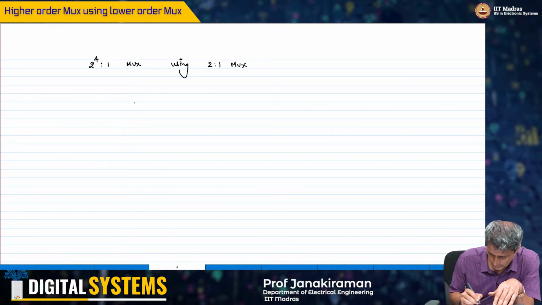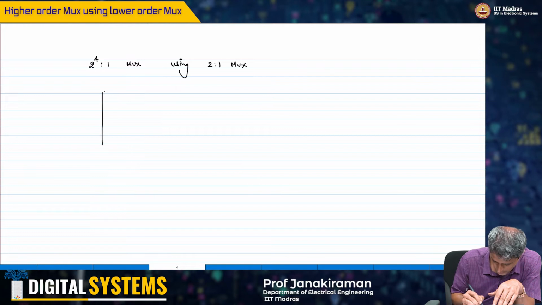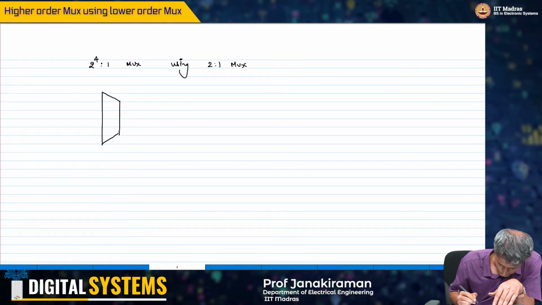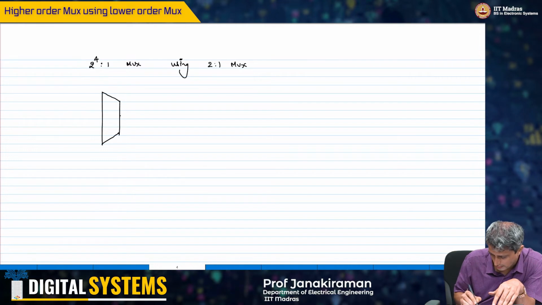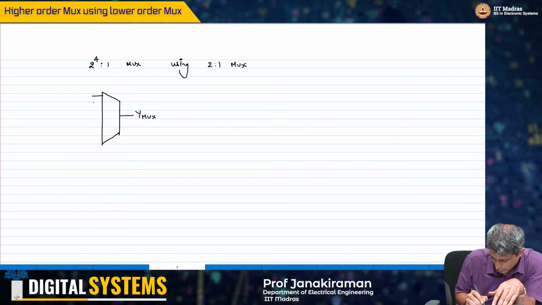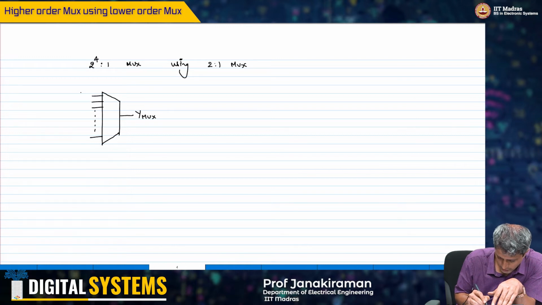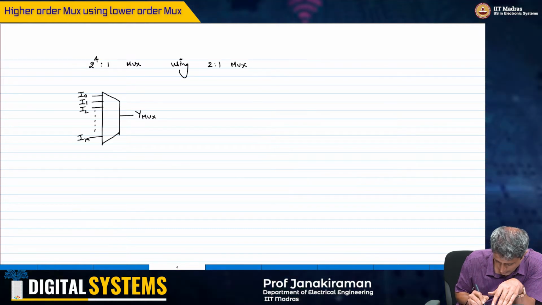So what do I have? I want the following: a 16 is to 1 mux, with inputs I0, I1, I2, up to I15. And how many select lines do I have?